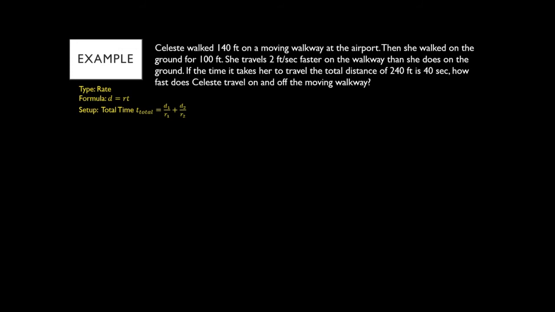Like I can draw a picture here. We've got the people mover. Usually got some sort of railings there. That's the people mover. And then she walked on the regular floor. So she did 140 feet on the people mover, 100 feet off the people mover.